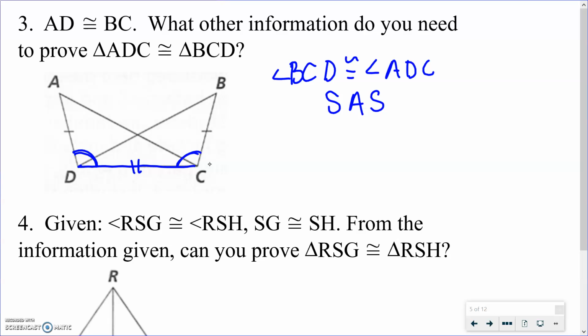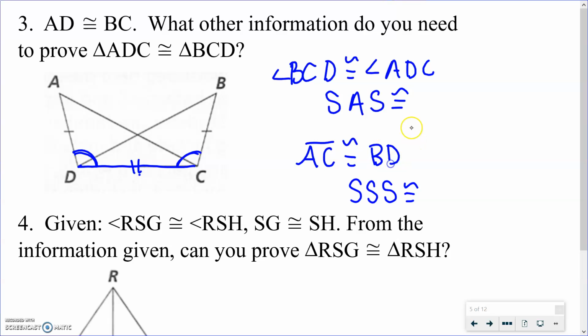Or, since we have 2 sides, we could just ask for that 3rd side to be congruent and use side, side, side congruence. That would be side AC congruent to side BD. So either one of these could be true, and then those 2 triangles would be congruent.